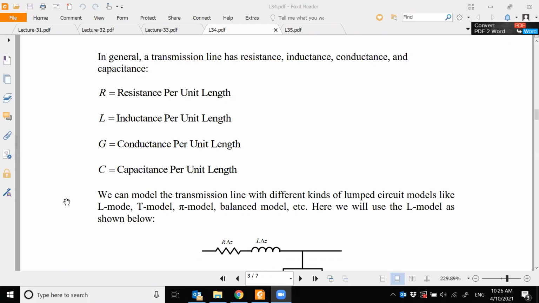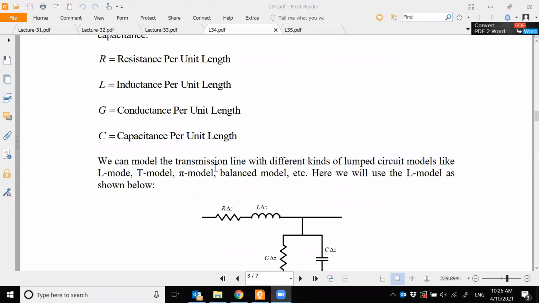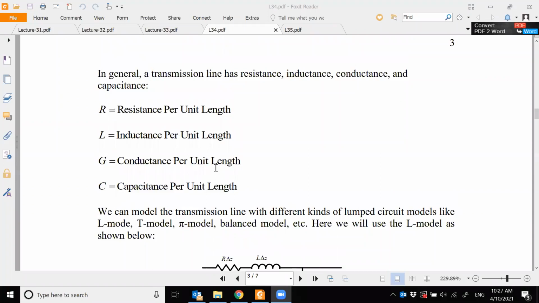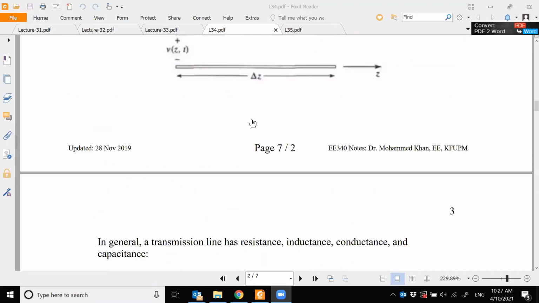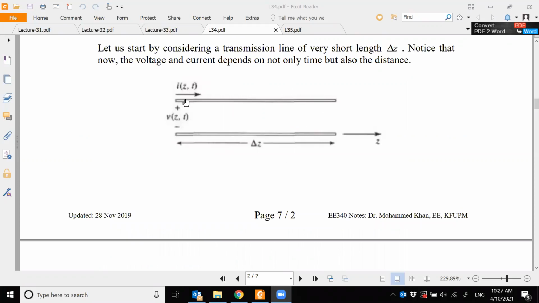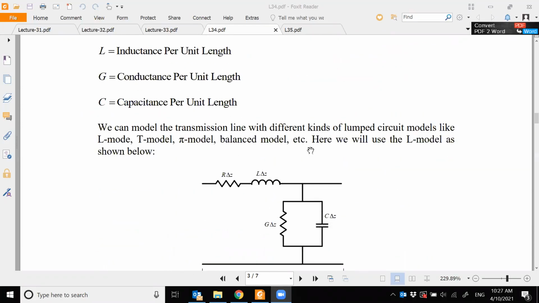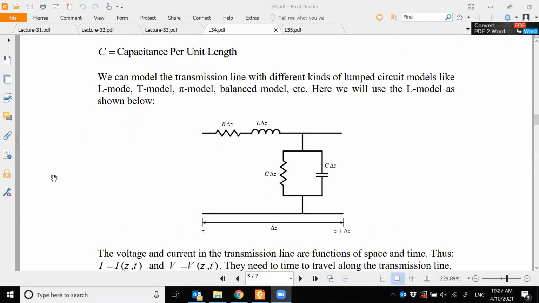Now I want to emphasize one thing. There are different models we can use to model this small transmission line of length delta Z. Here we are using this model, which is called the L model.